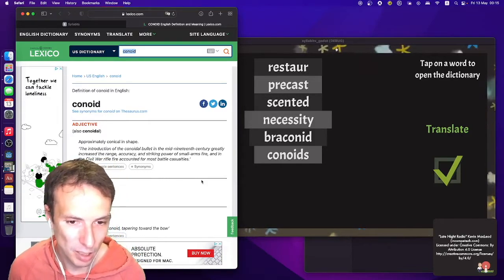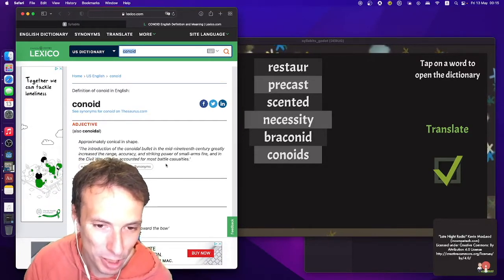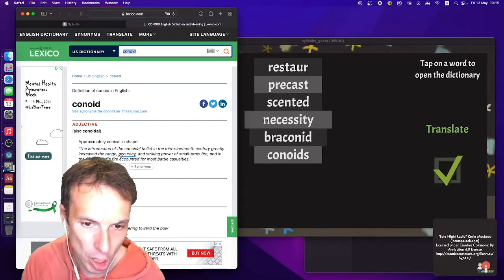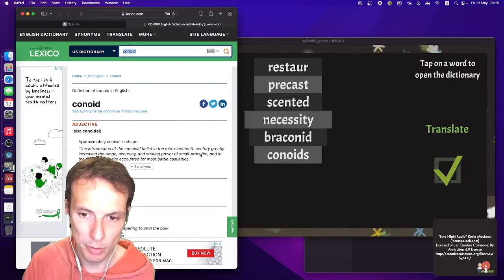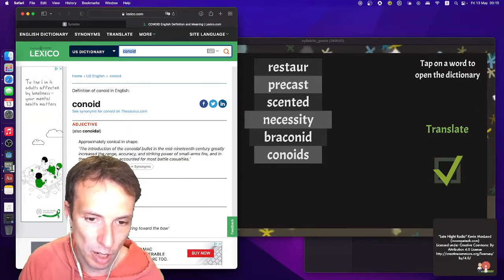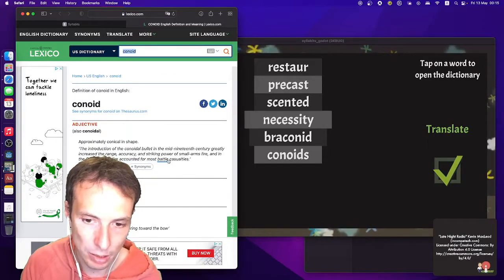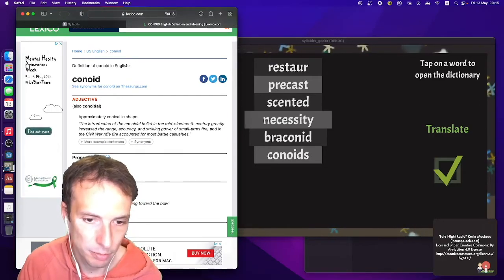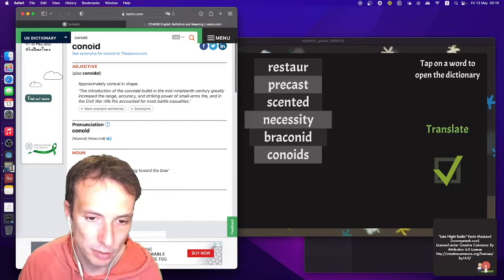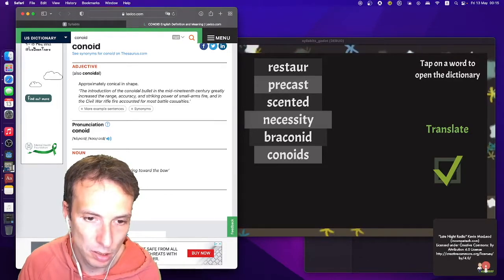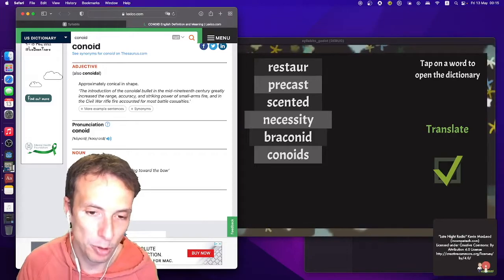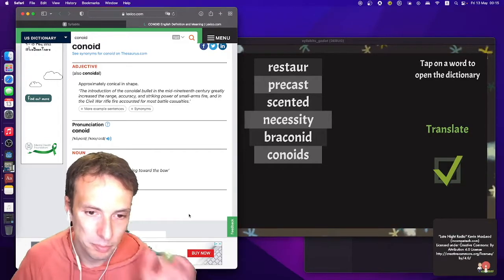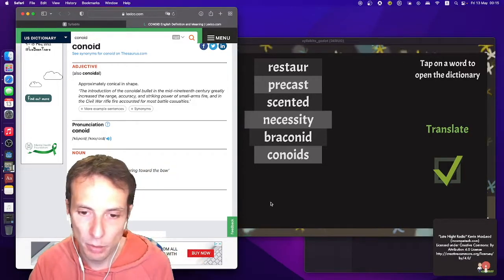Let's see the example: the introduction of the conoidal bullet in the mid-19th century greatly increased the range, accuracy, and striking power of small arms fire, and in the Civil War, rifle fire accounted for most battle casualties. Conoid object: her hull was a conoid. Sorry, I didn't pronounce it correctly. The accent is on the first syllable. Conoid. Her hull was a conoid, tapering toward the bow.